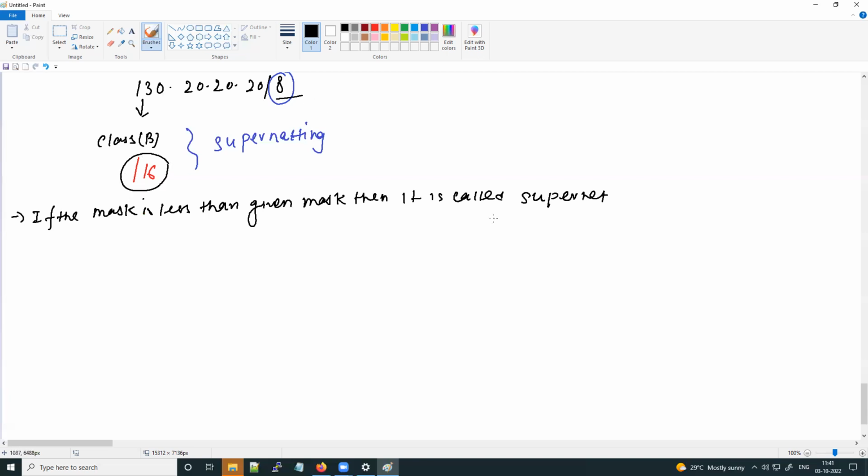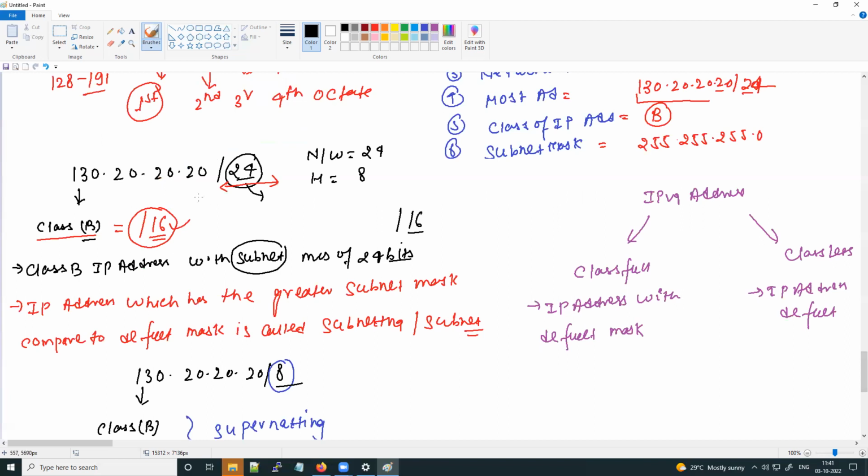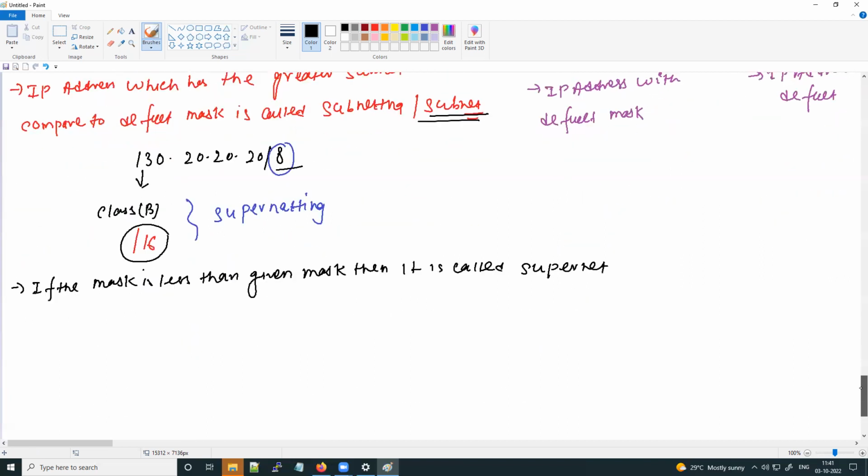That means it's a supernet. If the mask is greater than the given mask, which is /16, it is a subnet. If the mask is less than the given mask, it is called supernetting. The given mask is /16, and what we have is /8. This is the supernet. Clear?